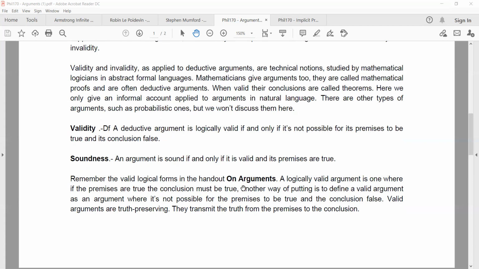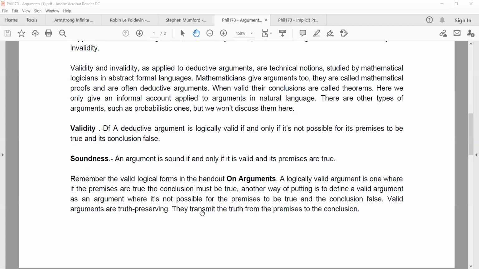Some of these are explained in the handout on arguments that is already on the Moodle. So a logically valid argument is one where if the premises are true, the conclusion must be true, as I mentioned. An argument where it's not possible for the premises to be true and the conclusion false. So that means that valid arguments are going to be truth preserving. That means that if the premises are true, that truth is preserved in the conclusion as well.